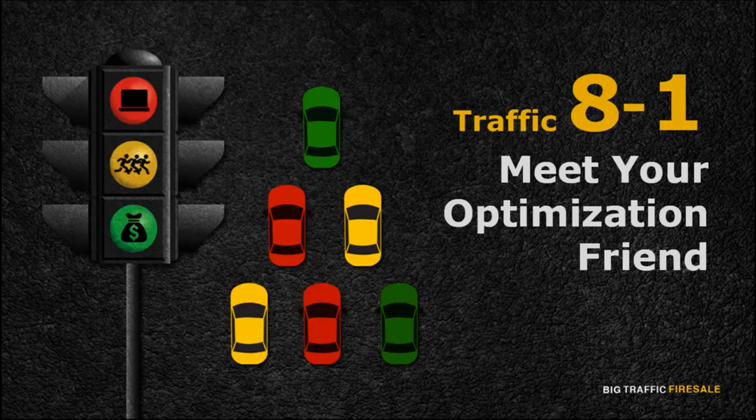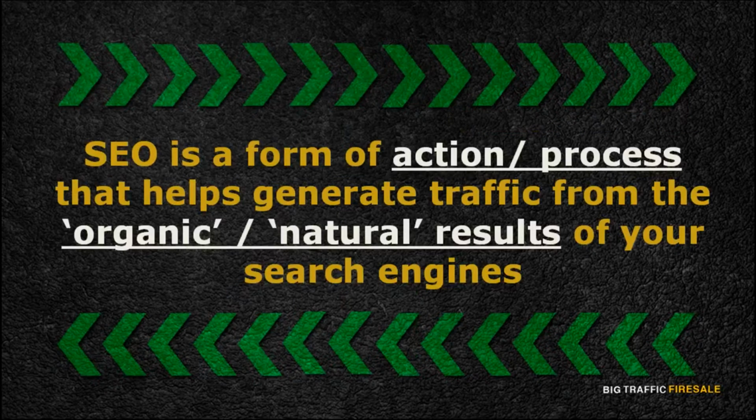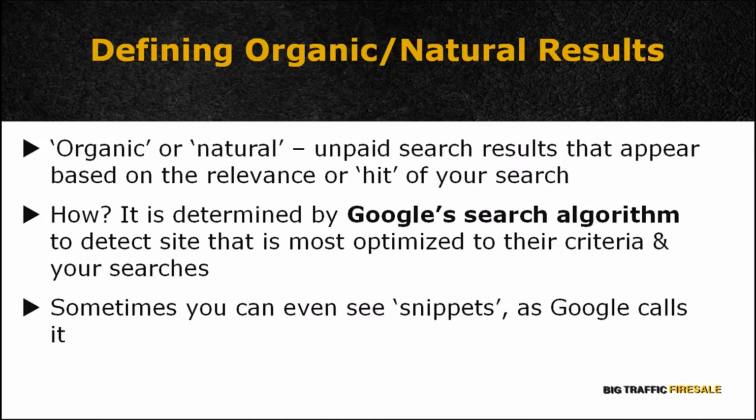Time for you to meet your optimization friend, the SEO. SEO is a form of action or process to generate traffic from the organic or natural results of your search engines. Organic or natural results are unpaid search results based on the relevance or hit of your search.